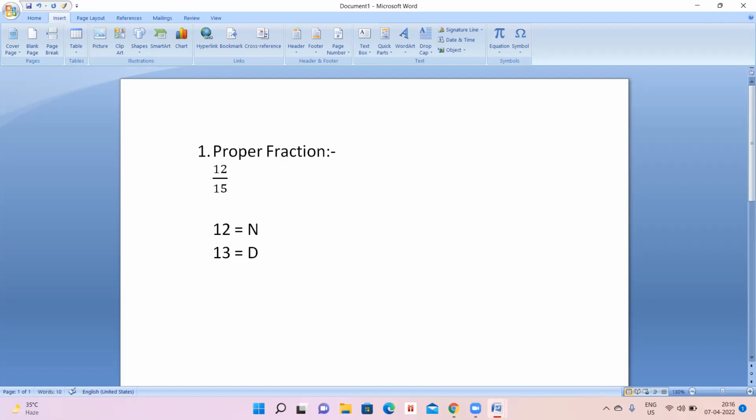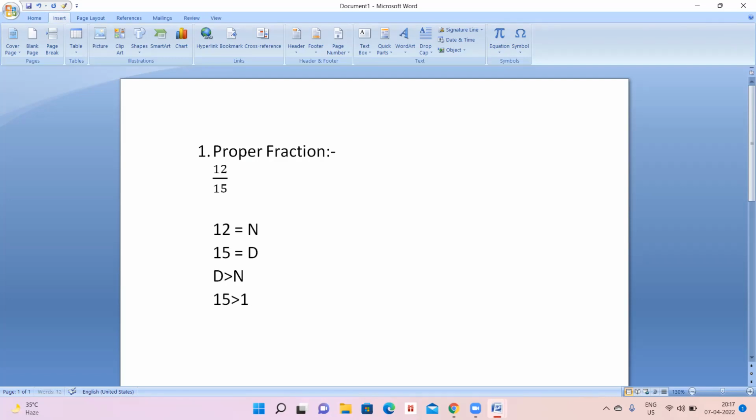So you can see that this fraction is in the form of numerator upon denominator, and the denominator is greater than the numerator. 15 is greater than 12.